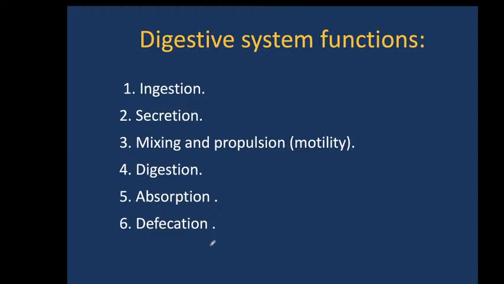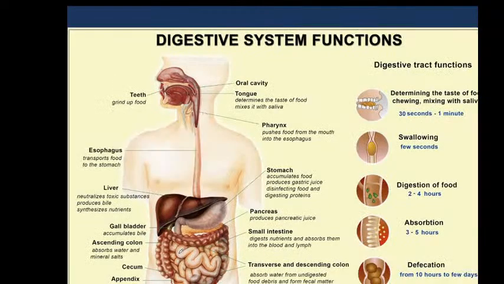The eliminated material is called feces or stool. So these are the 6 main basic functions of the digestive system organs.